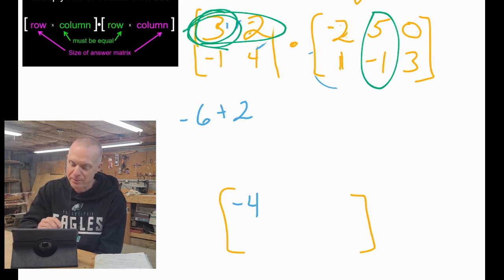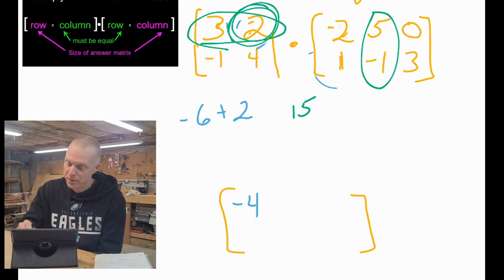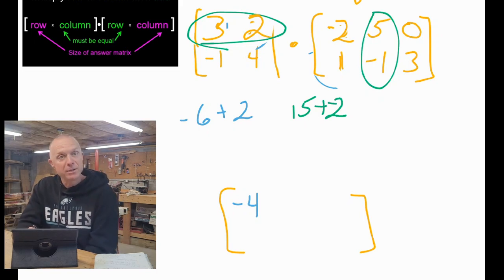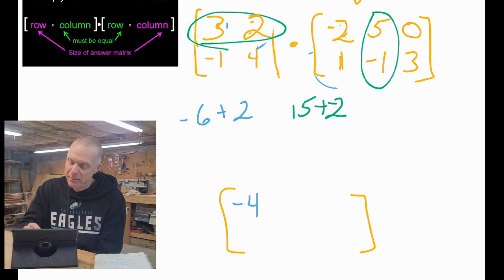When I multiply 3 by 5, that gives me 15. And 2 is going to match with -1. Oh shucks, I didn't realize this was not a -2. It's just a +2. So when I multiply these together, I'm going to get a -2. Sorry about that. So I'm going to get 15 and -2, and when I add those together, I end up with 13.